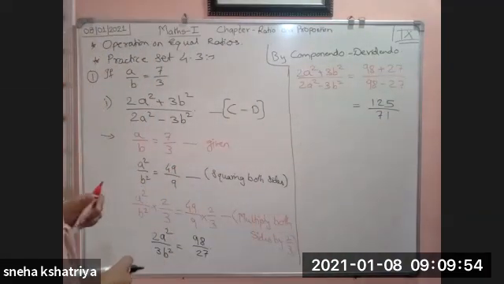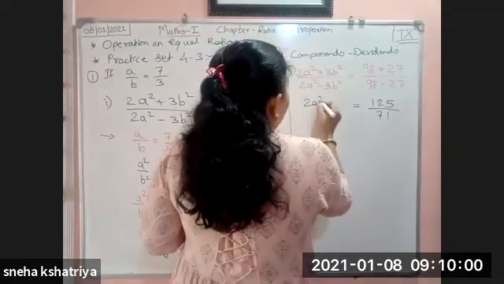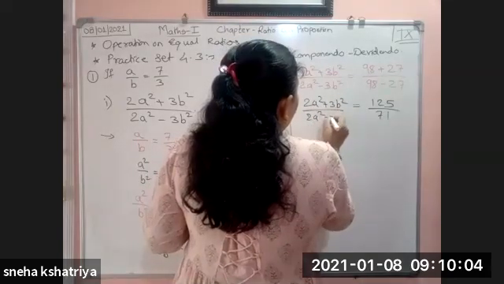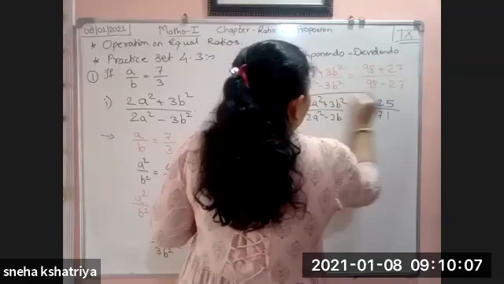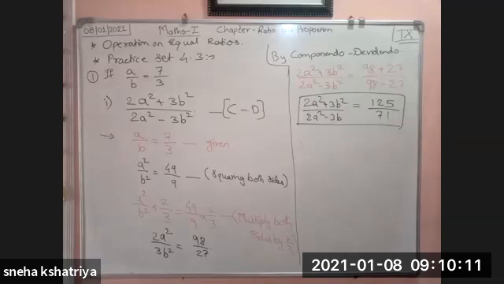So that division cannot be carried out. 125 divided by 71. So your answer is 2a square plus 3b square divided by 2a square minus 3b square is equal to 125 divided by 71.